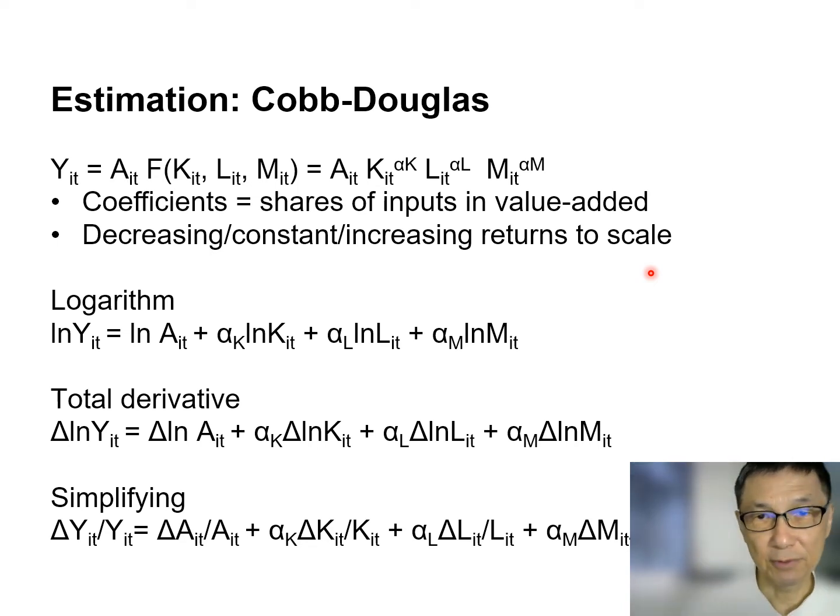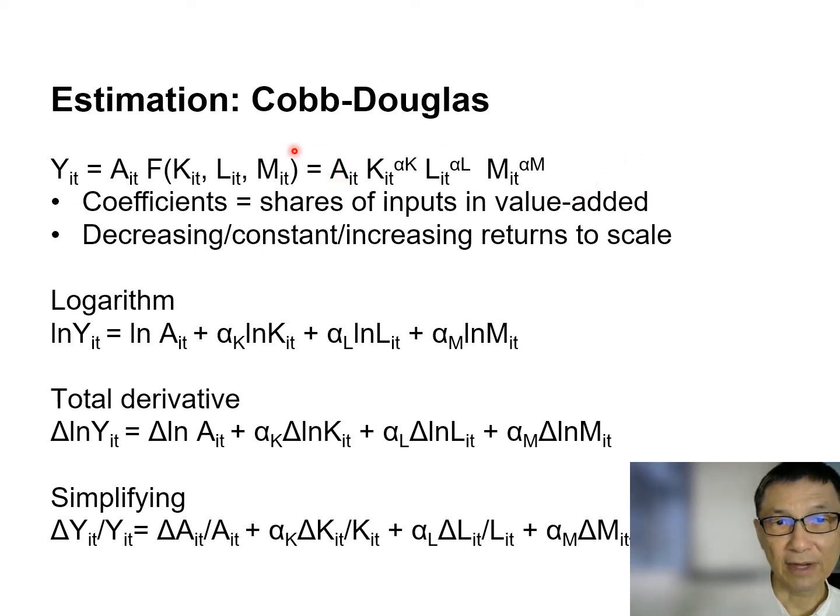To estimate total factor productivity, let's focus on this equation and take logarithms. So on the left-hand side, we have the log of output. And on the right-hand side, we have the logarithm of this product term.